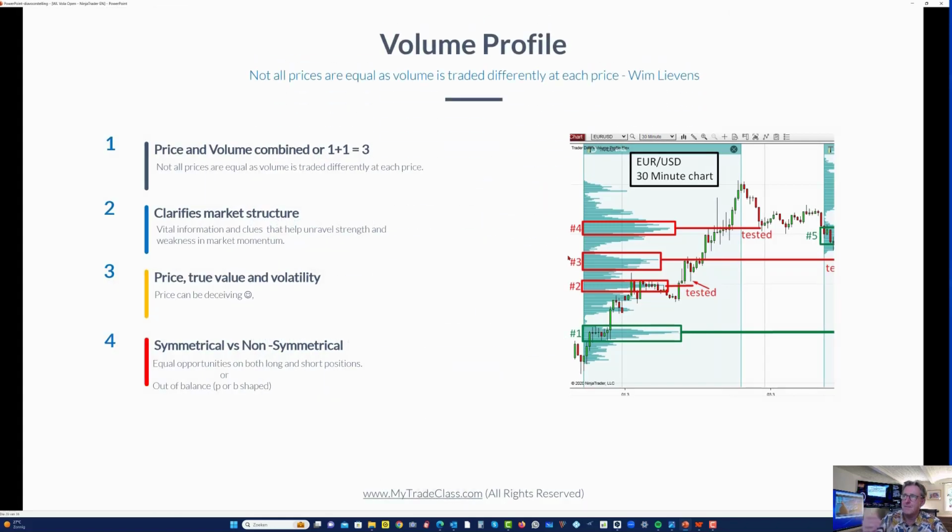So again, a few words: price, volume, combined market structure, knowing the true value, also maybe knowing these symmetrical, non-symmetrical days, and how you have to read them. There are some very decent books about this, very simple.